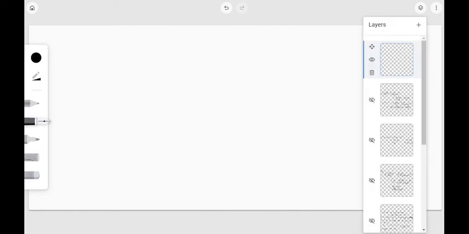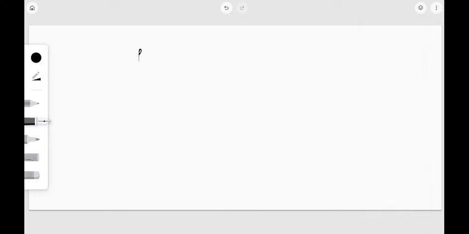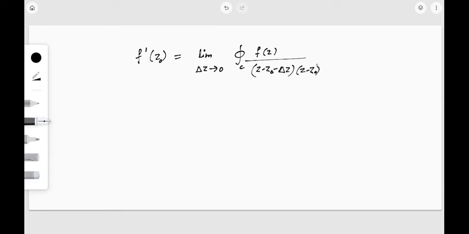We had seen that our f dash of z dot was nothing but limit delta z tends to 0 integral over c f of z by z minus z dot minus delta z into z minus z dot into dz.